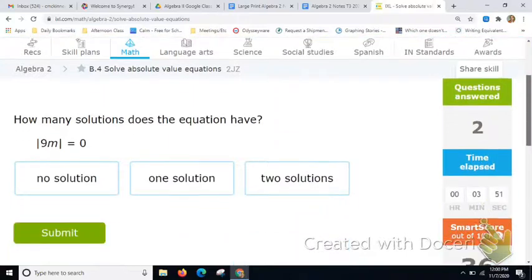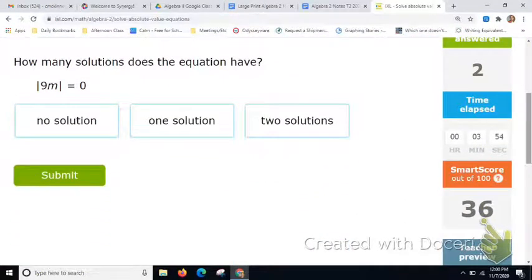Some of these are going to ask, how many solutions does it have? The possible answers are no solution, 1 solution, or 2 solutions. So remember that absolute value always is a positive number. If we start out with something that's inside absolute value bars, and we say it's equal to negative 5, negative 15, whatever, the absolute value can't be a negative.